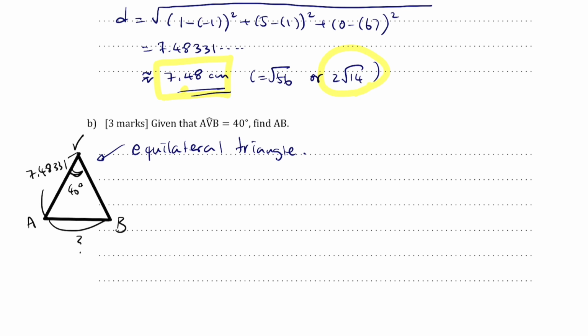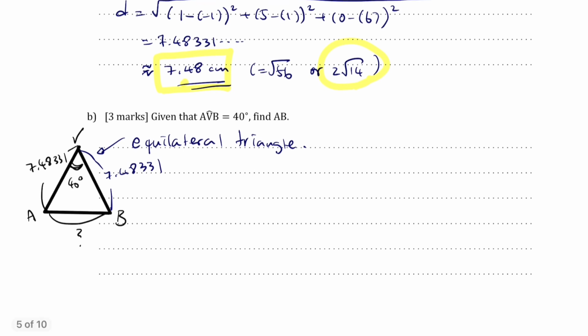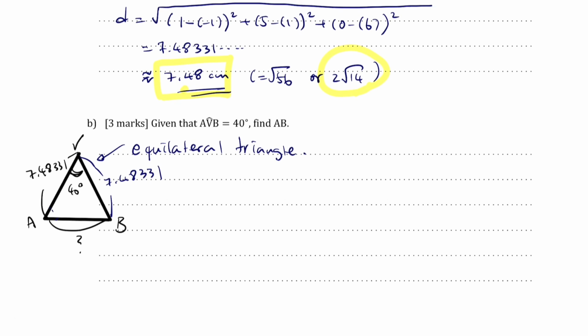So you can say that this side, the side VB, also has a length of 7.48331. That means we also know the two angles here too. However, this is not necessary to calculate, right?